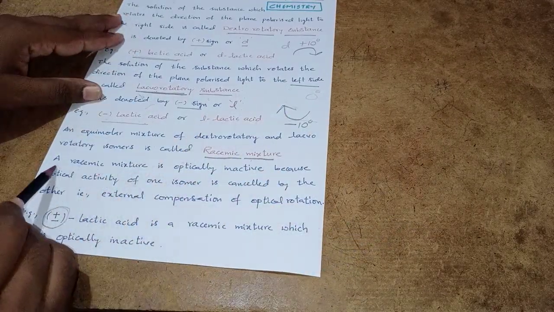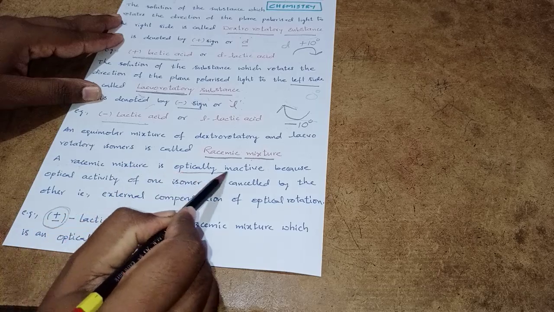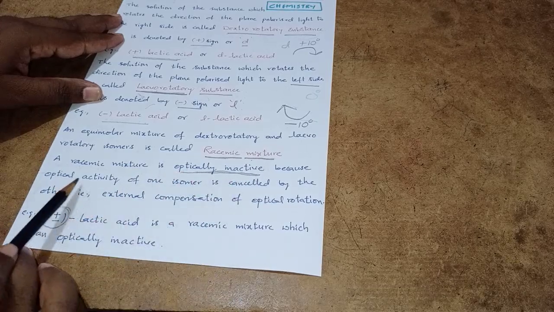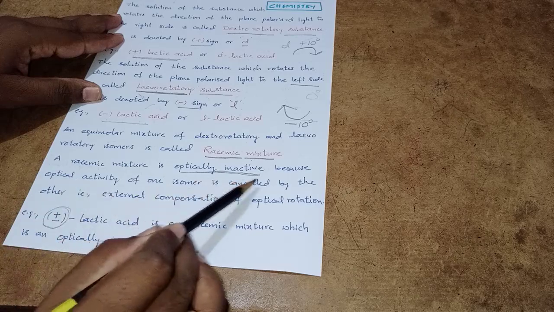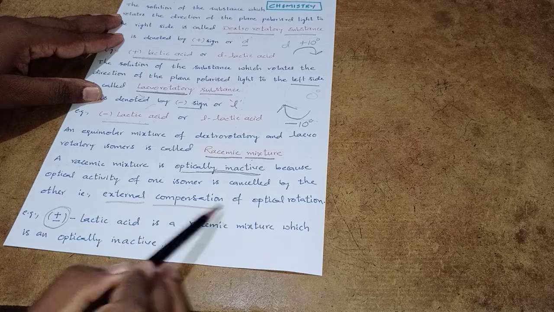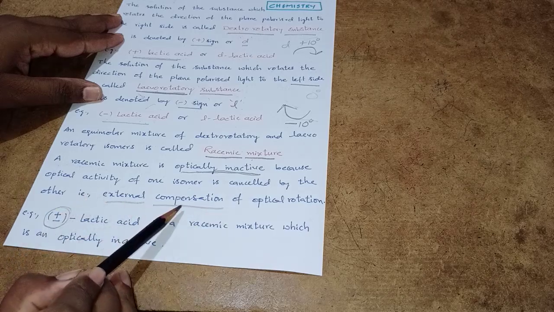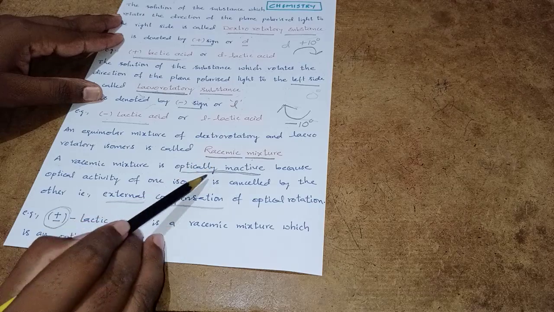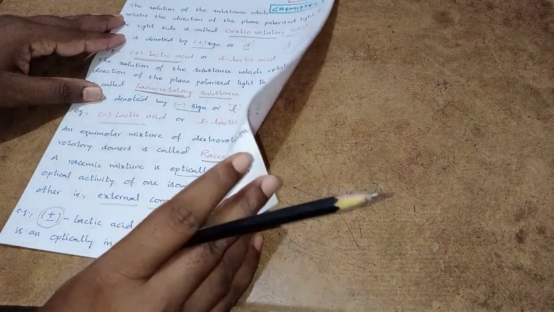Hence a racemic mixture is optically inactive because the optical activity of one isomer is cancelled by the other. That is external compensation. Compensation means cancellation, balanced. So that is the optical activity of a racemic mixture.